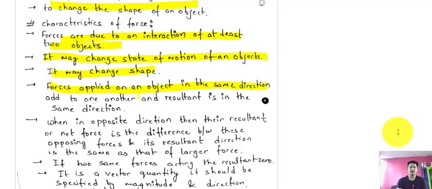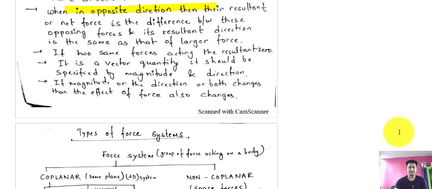Now when the forces are in opposite direction, then the resultant or net force is the difference between these opposing forces. Suppose some force is there, some force is coming from the other side. Now which force will decide the movement of the object? That force which has more magnitude will define the resultant direction.